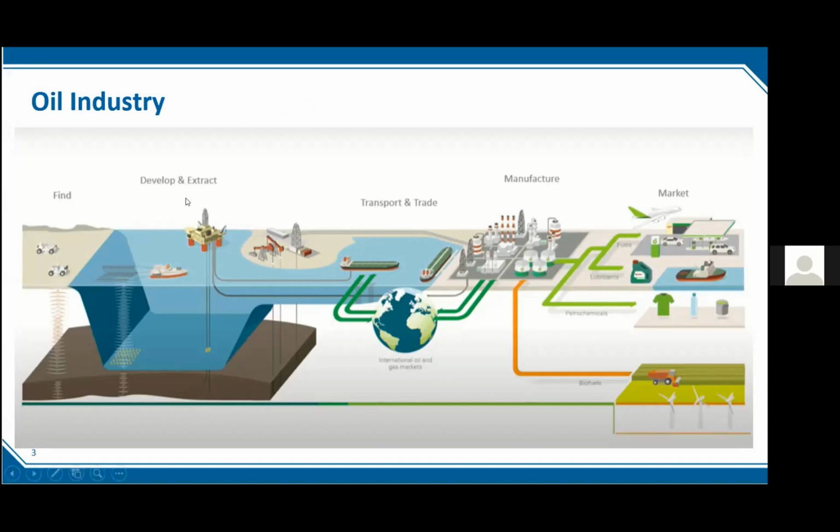So that's one part of the problem, which is the exploration part. What you see here is the transportation part. There are oil rigs here, which take the oil extracted from underneath the earth and transport it to the refinery.